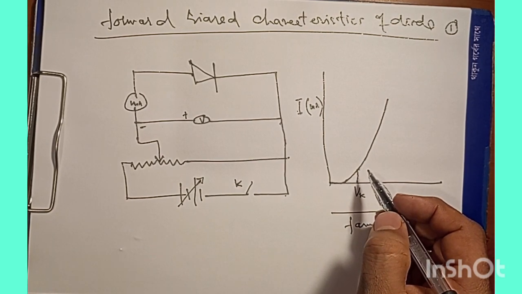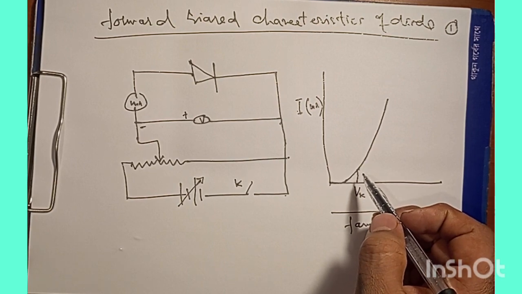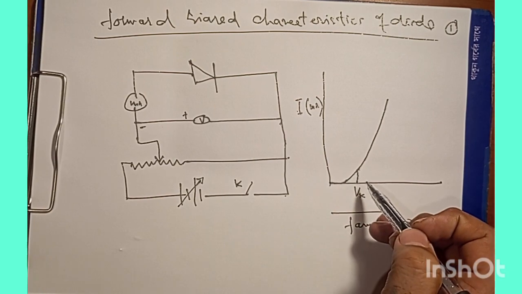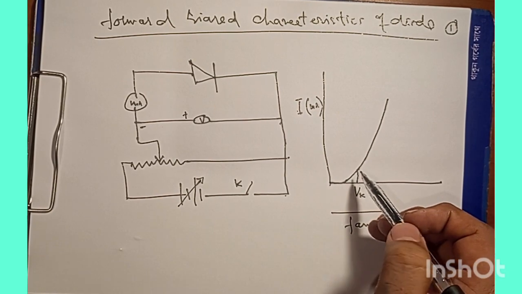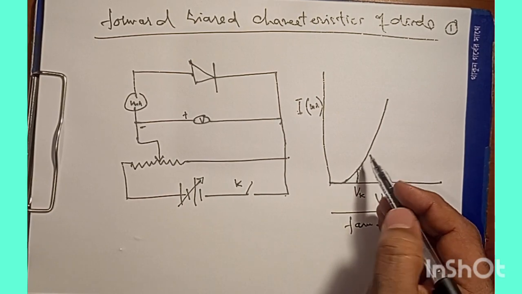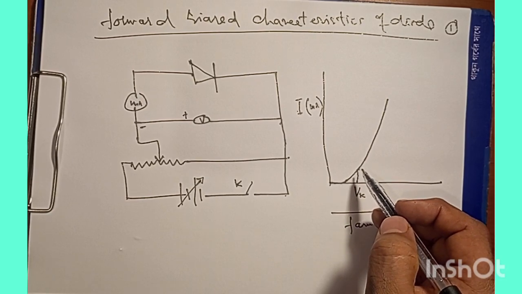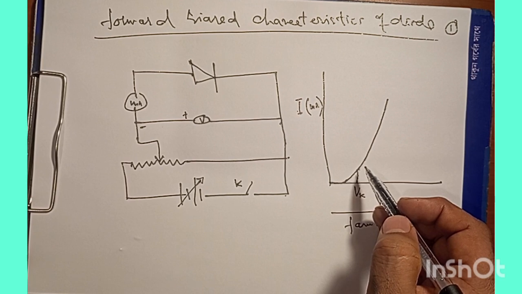Now, how should I conclude this? You can see that the voltage current graph for this diode is not a straight line. It's not going straight, right? If it is not a straight line passing through the origin, the diode does not obey Ohm's law.